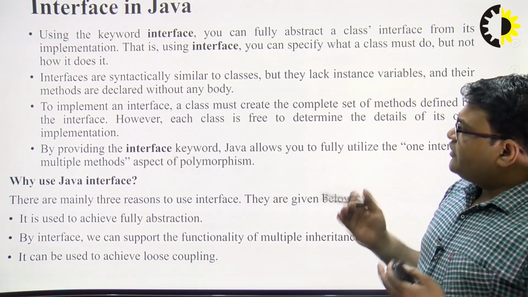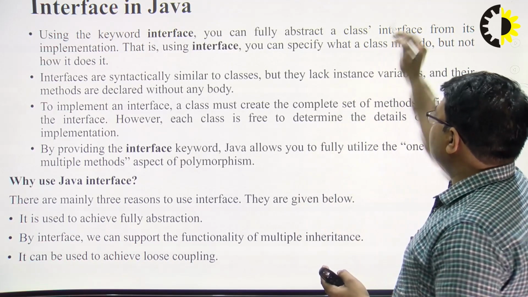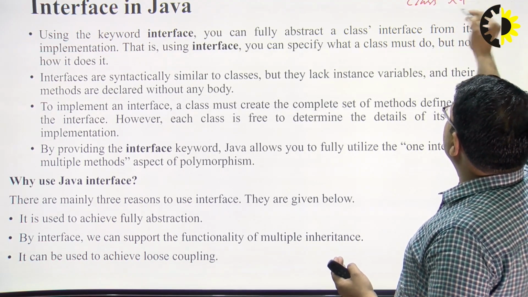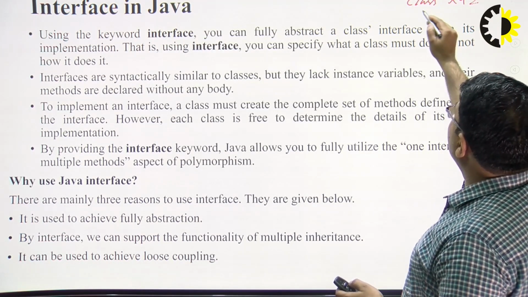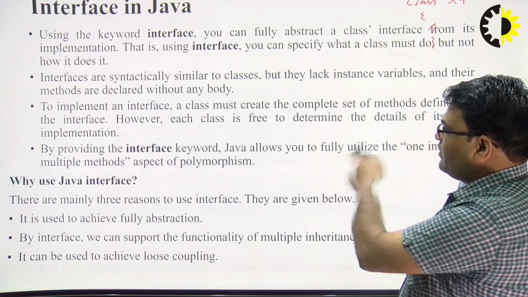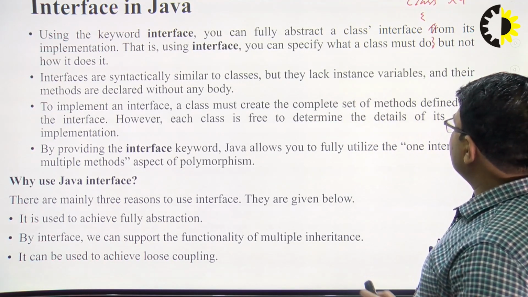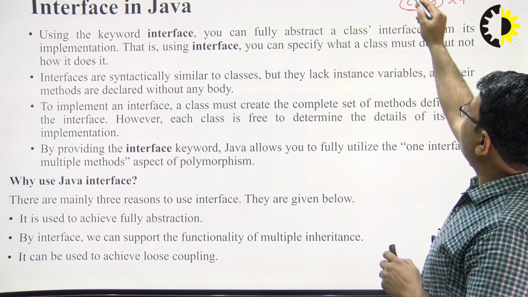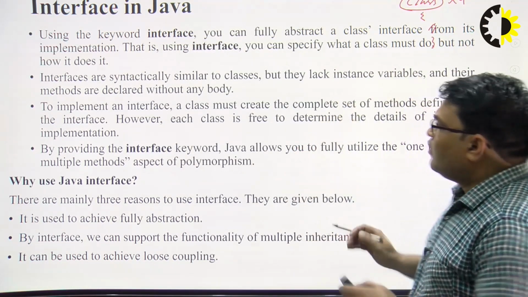Interfaces are syntactically similar to classes. When we declare a class, it has the name of the class and the body inside the class. Similarly, if we create an interface, it is similar, using the interface keyword in place of class.